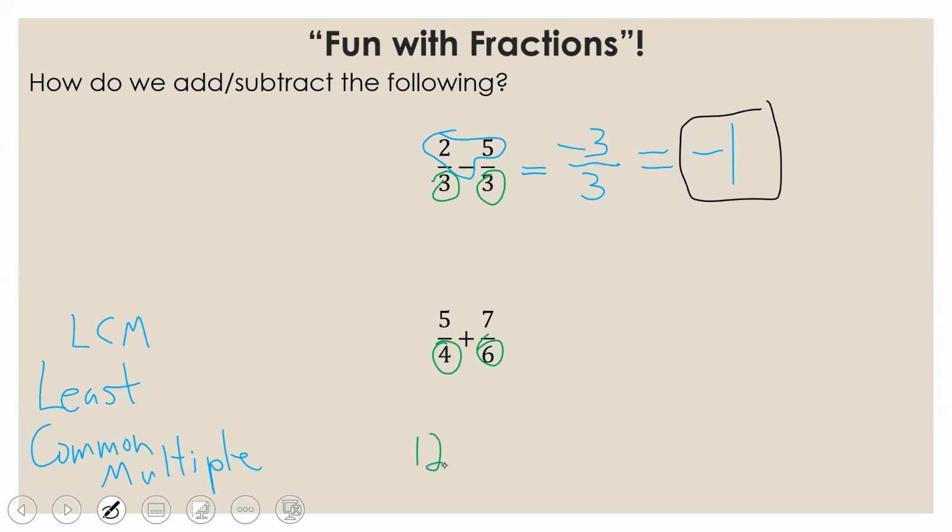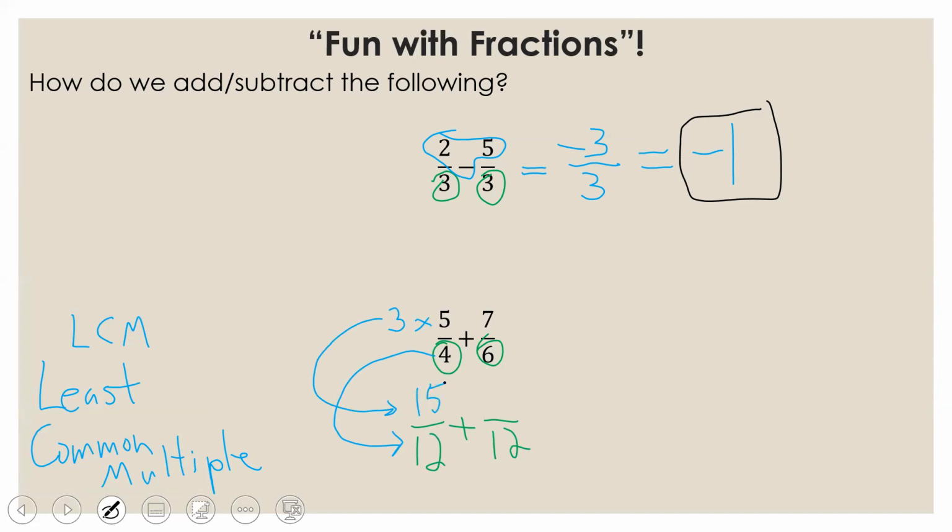So what we're going to do is rewrite each fraction with a denominator of 12. Then we have to rewrite the numerators the same way, right? To go from 4 to 12, we multiplied by 3, so we'll also multiply the numerator by 3. 5 times 3 gives us 15.